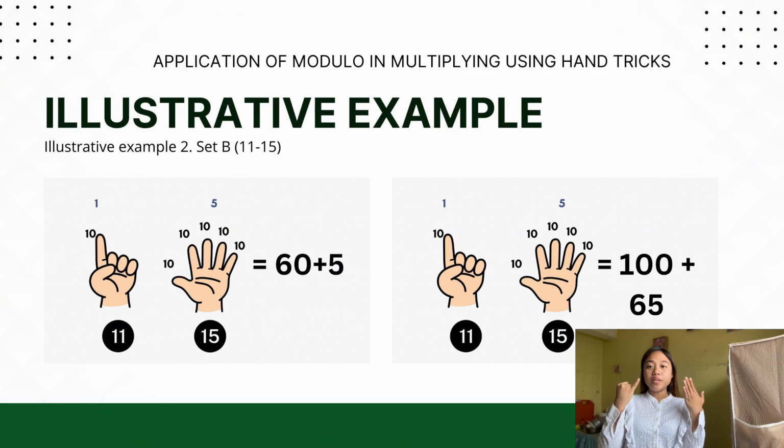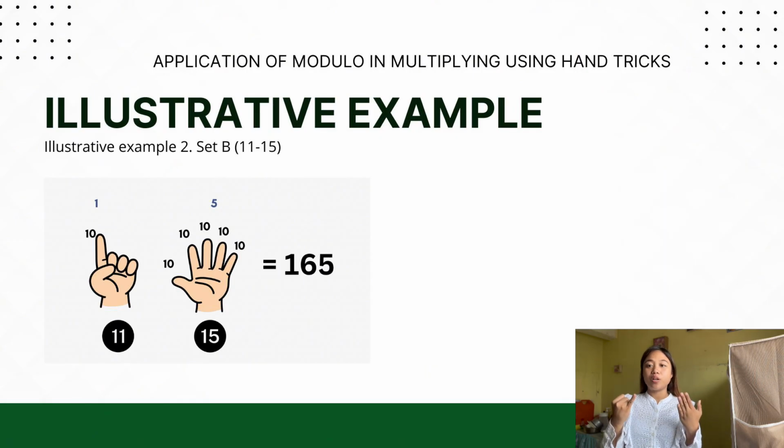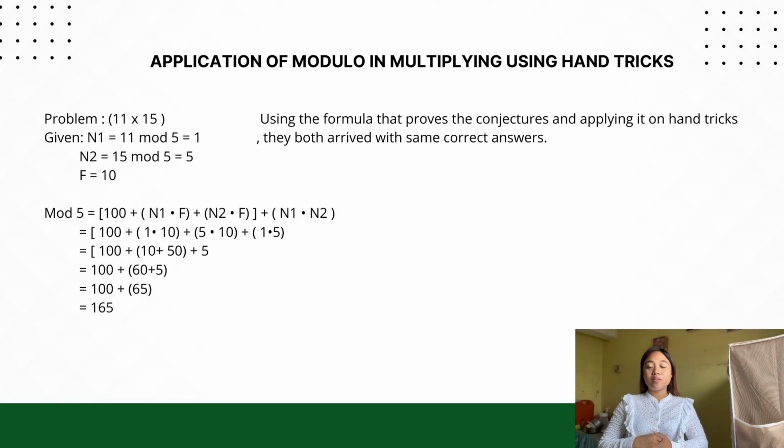So 60 plus 5 is 65, and then we're going to add 100. So 65 plus 100 is equal to 165. So therefore, 11 times 15 is 165. And then we arrive at the same exact number if we are going to apply it in the formula.